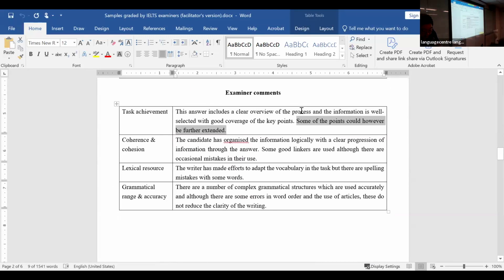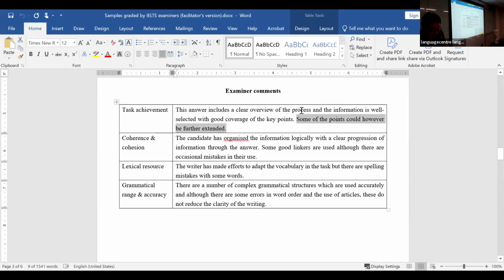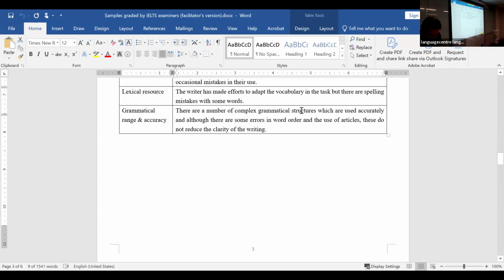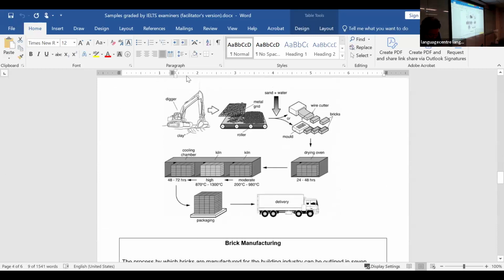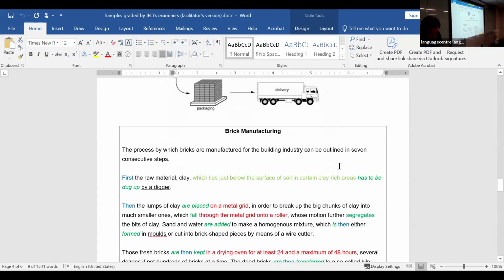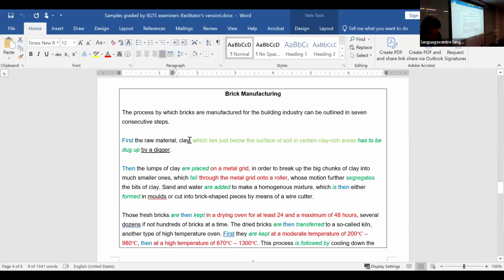But one thing that the examiner suggested is that some of the points could be further extended, like what I've highlighted here. To solve the issue, you need descriptive language to help you elaborate on each part of the process diagram by giving some additional information, like what I'm doing here.